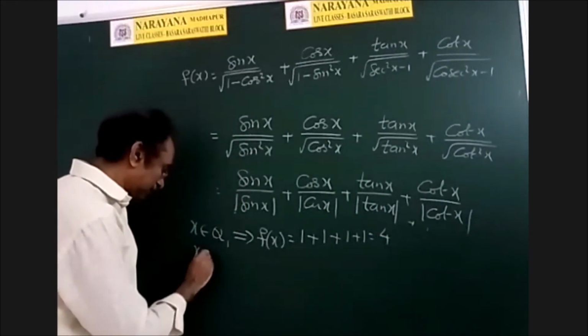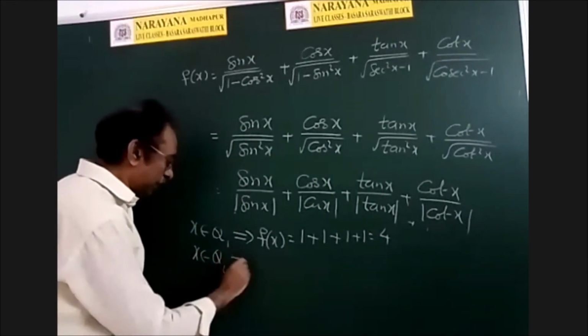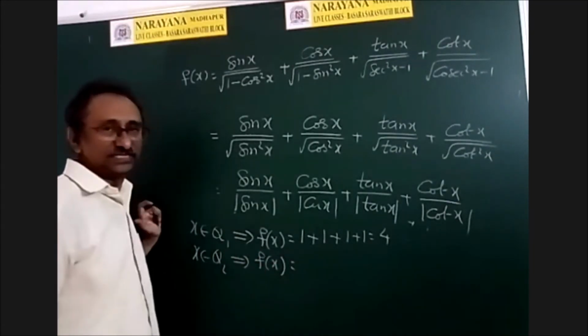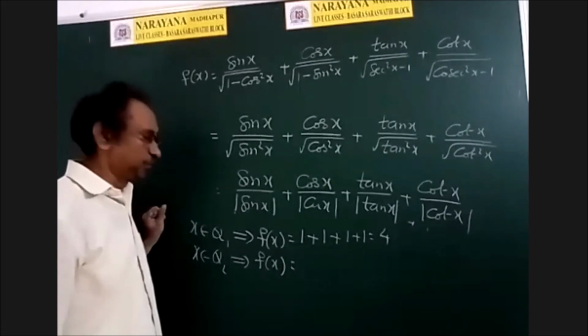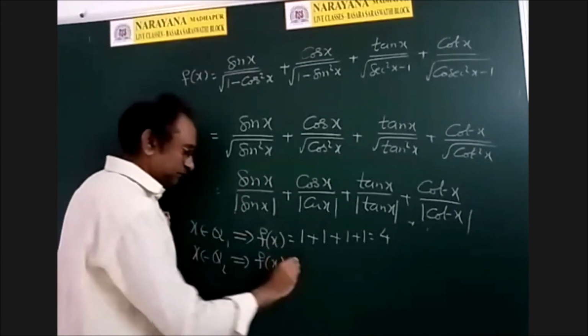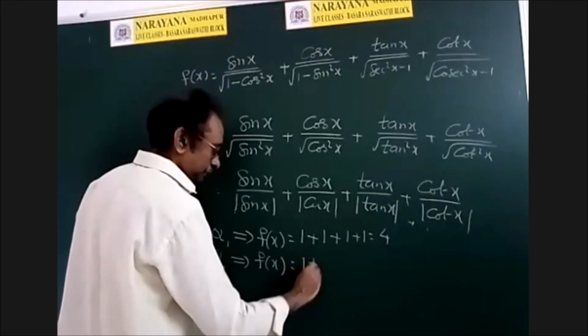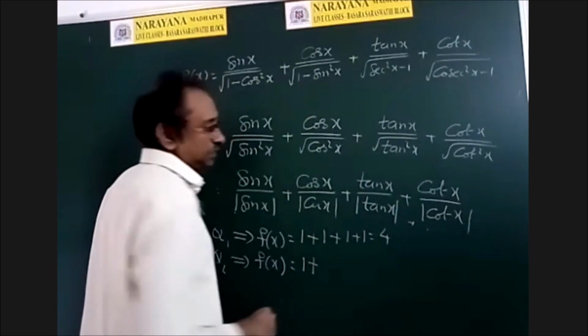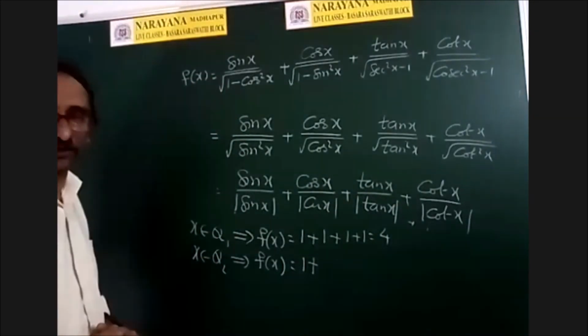See what happens if x is in the second quadrant. Sin x is positive. So mod sin x is sin x itself. Sin x by sin x is 1. But all the remaining trigonometric ratios are negative in the second quadrant.